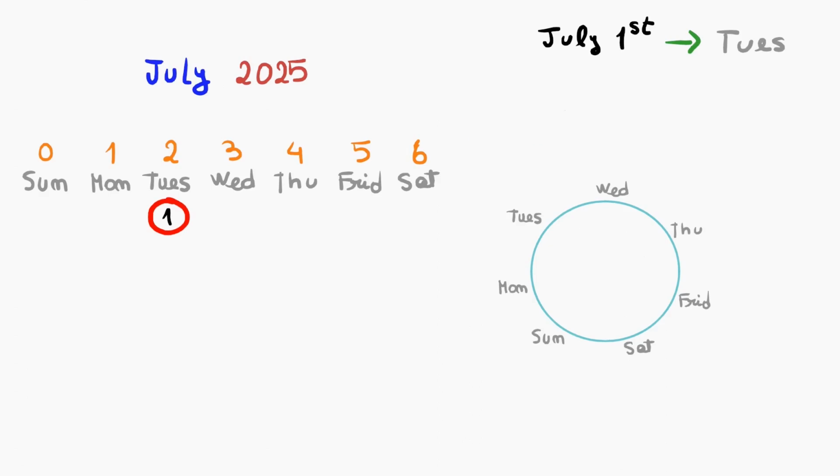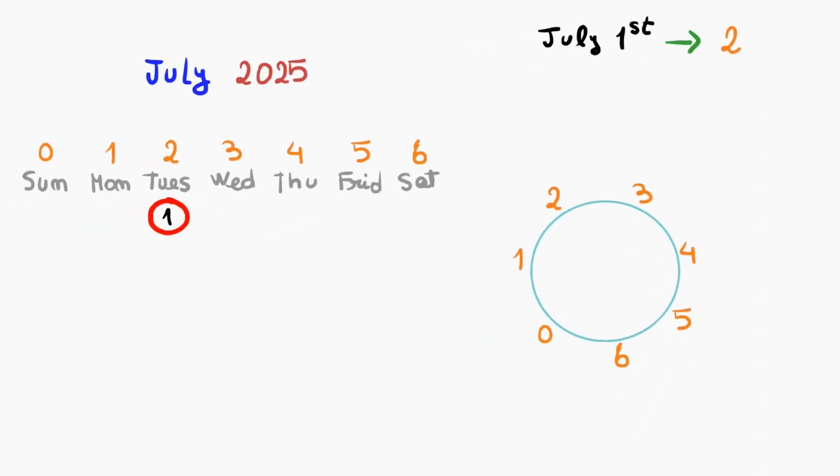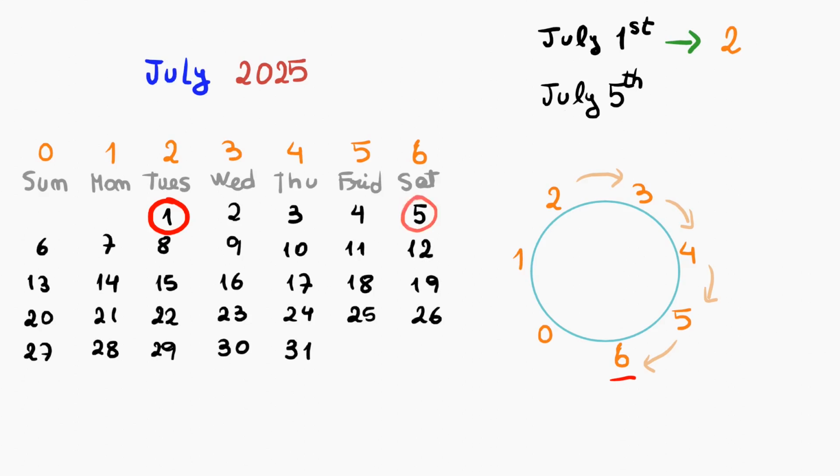For calculation purposes, we will no longer refer to the days of the week as Sunday, Monday, Tuesday, etc., but rather as day 0, 1, 2, and so on up to 6. Therefore, July 1st will no longer be called Tuesday, but rather day 2. Let's repeat what we did previously. July 5th, which occurs 4 days after July 1st, corresponds to day 6, or Saturday.